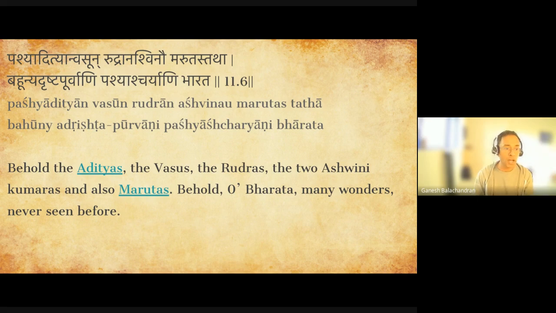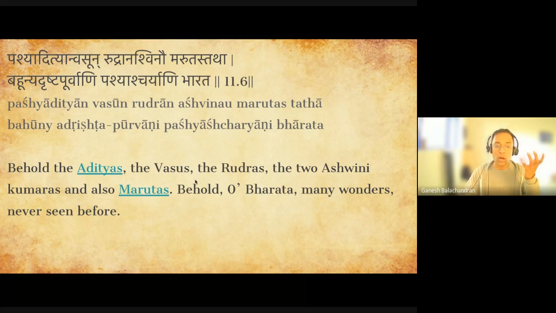Pashyadityan vasun rudran ashvinau marutastatha, bahun adrishta purvani pashyacharyani Bharata. Pashya Adityan, the Adityas. We've seen the Adityas. Remember the sons of Aditi in the 10th chapter. When we did the 10th chapter, we saw the Adityas, then we saw the Vasus. Okay, so let's see, this comes up.